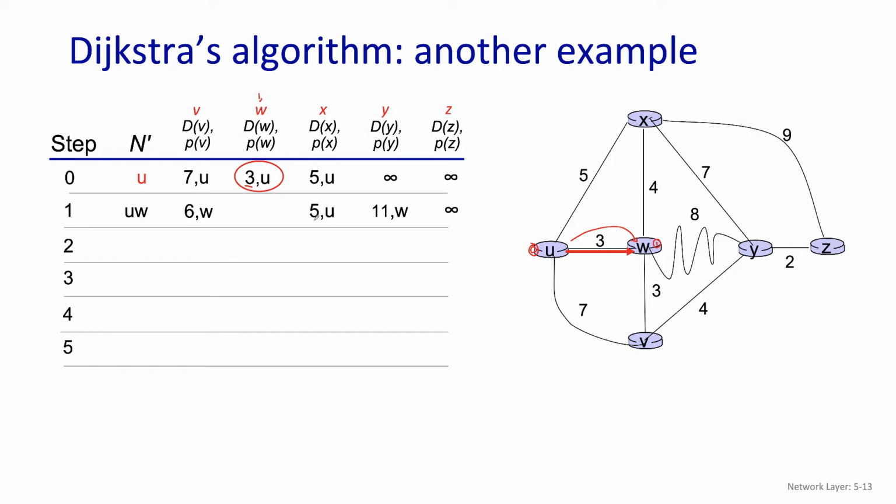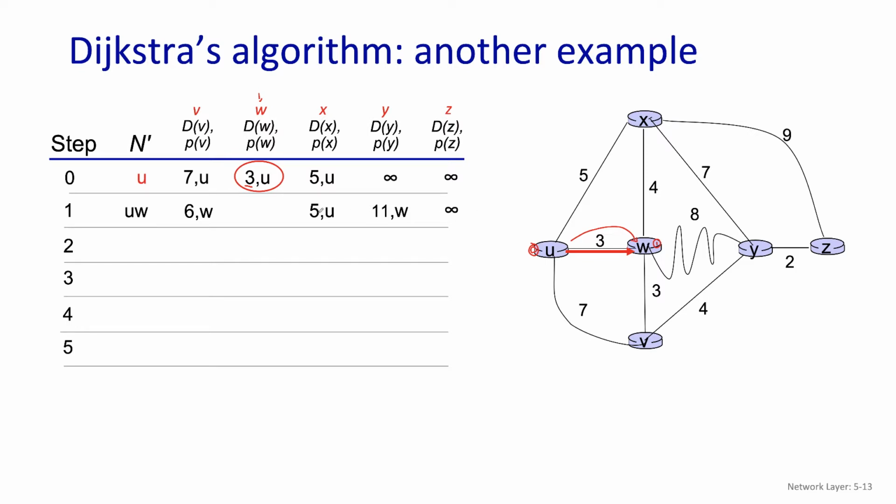Therefore, I don't need to update it because I already have the shortest path, or the least cost path, right? Now from W to Y is 8. 3 plus 8 is going to be 11, right? 11 is better than infinity. Therefore, now we can arrive to Y through or via W with the cost of 11. Now I'm done with this area here, right?